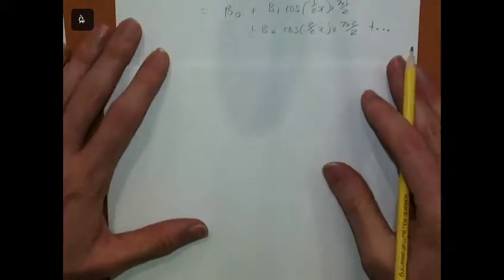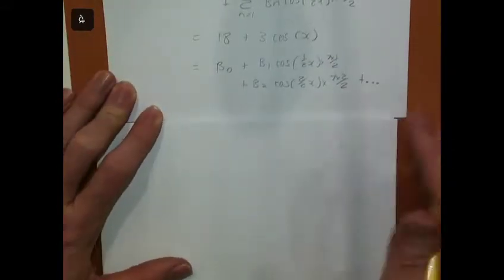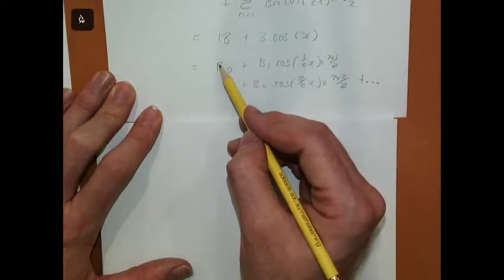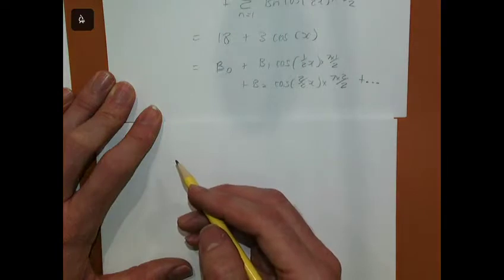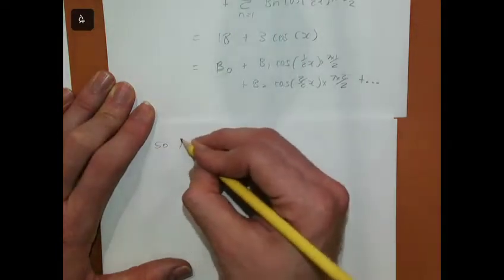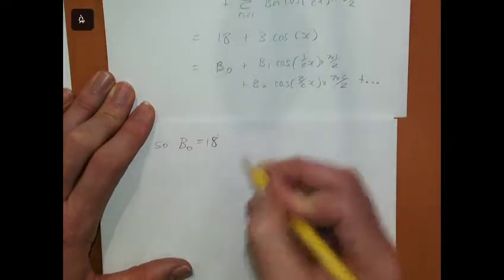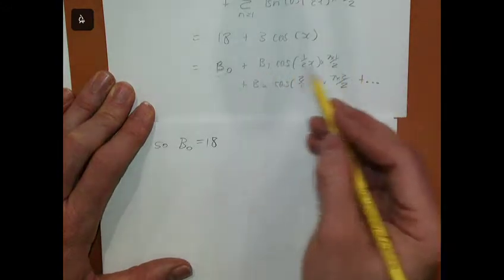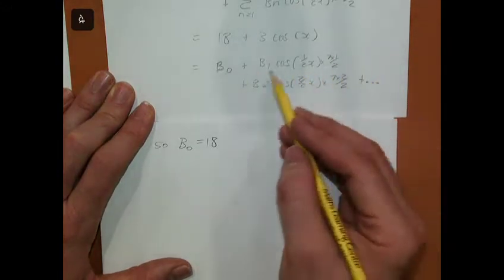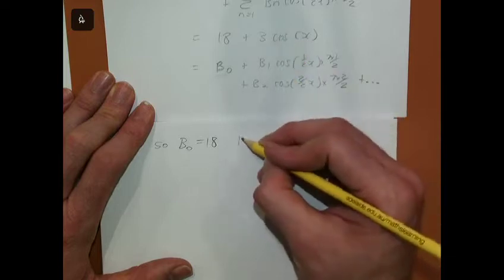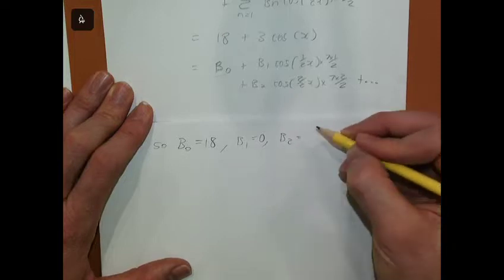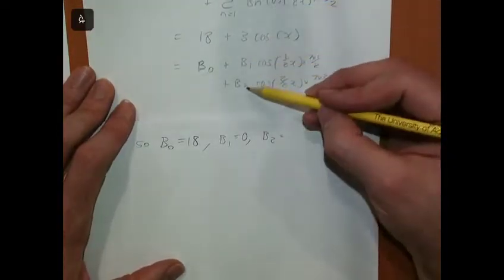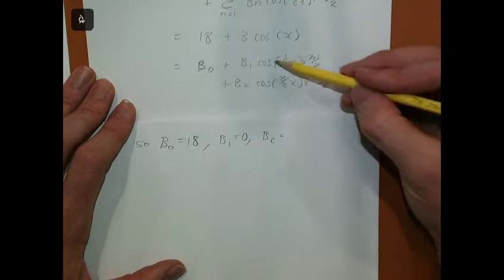Okay. So this b naught must be 18, because it's the constant term. B1 isn't there. There's no cos half x there, so that one's 0. B2, well actually B2 and this constant here together is 3.